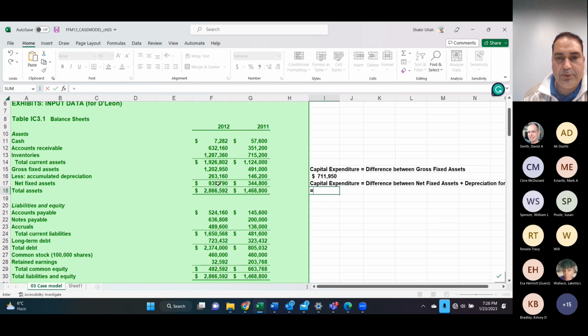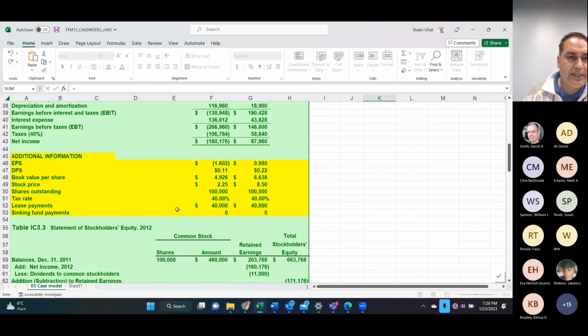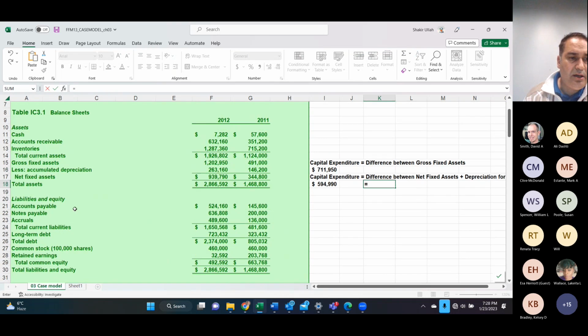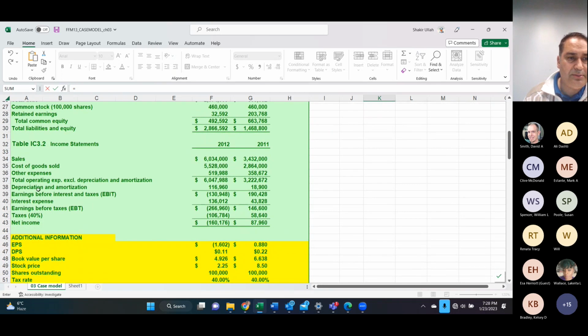So this number, net fixed assets, minus the previous year's net fixed assets, I got this number. And then I take the current year's depreciation. So what is the current year's depreciation? That would be in the income statement, because that is the depreciation expense for 2012.